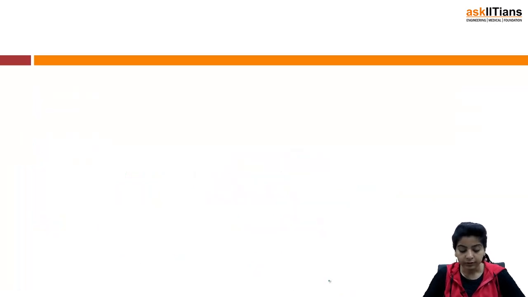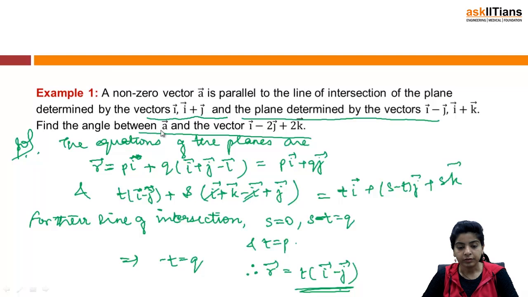Moreover, since further it is given in the question, you can see A is parallel to the line of intersection of the plane determined by this and this, find the angle between A and the vector this.